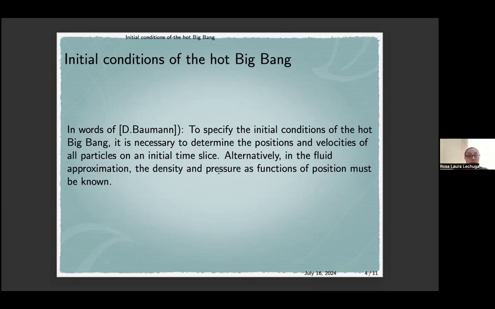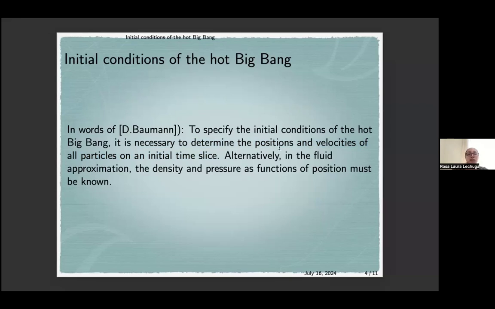And for example, in the fluid approximation, when one considers the fluid as I showed you in the Einstein equation, the analogous case is to get the densities and the pressures as functions of the positions for the whole fluid. But it was not clear how to determine those conditions, and also the assumptions that they take were not really clear, or how to justify that kind of assumptions.